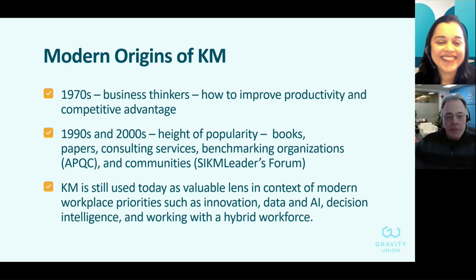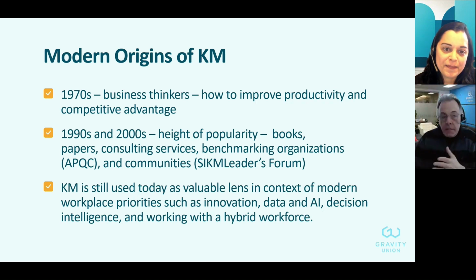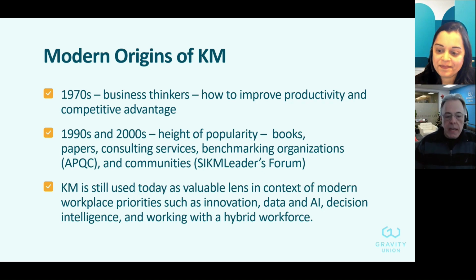So just a quick touch on some of the modern origins of KM. As many of you are probably aware, it's not a new topic, but it's still a valuable lens of focus, given that we're trying to move into innovation and data, big data, artificial intelligence, decision intelligence. Everybody's been challenged with working in a hybrid work environment over the last 2-3 years.